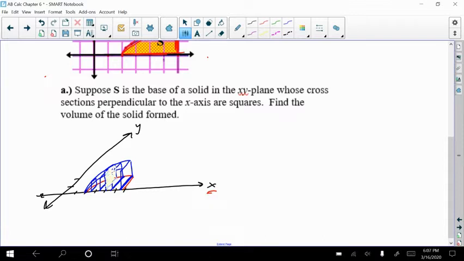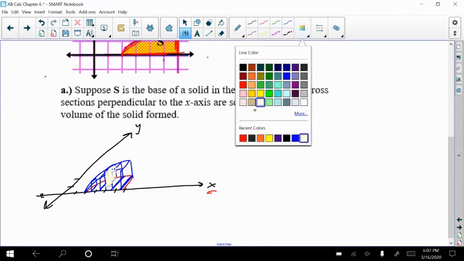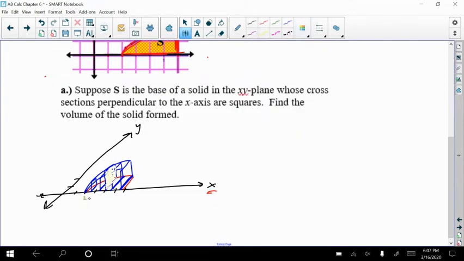If I focus just on that one slice, it's just a general square, and I'm going to accumulate the area of that square as I start measuring it from 2, pick a different color so I can see it, sorry, from 2 all the way to 6. So I'm going to start accumulating, remember integrals and our accumulation function, starting at 2 to 6, a whole bunch of squares. And the area of a square is just side squared.